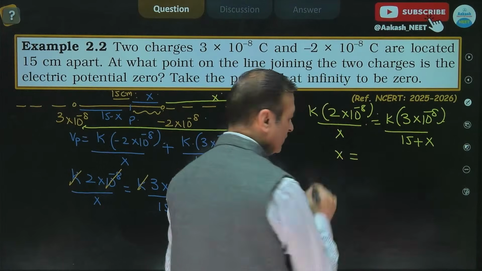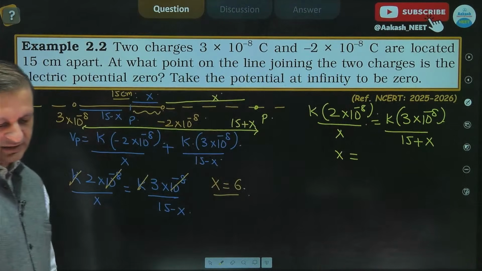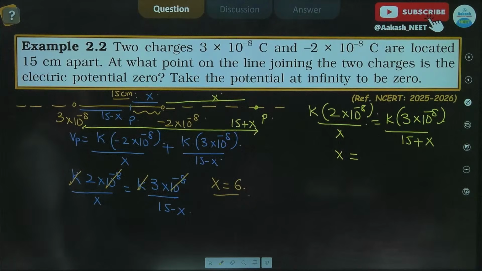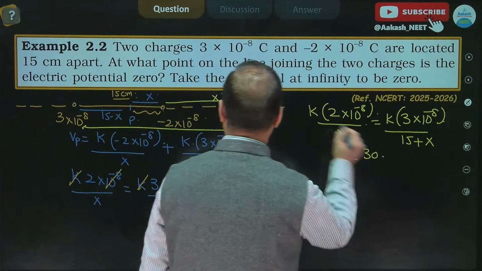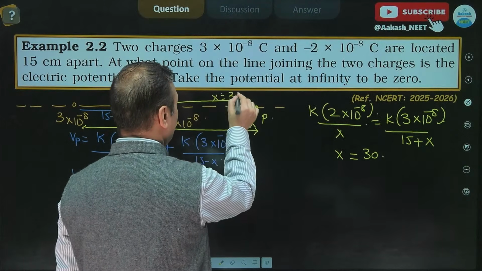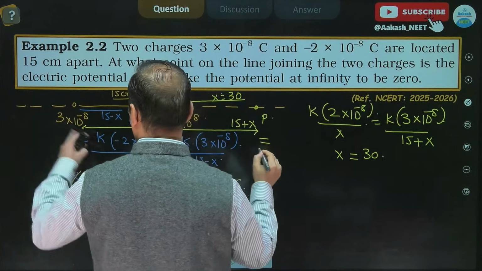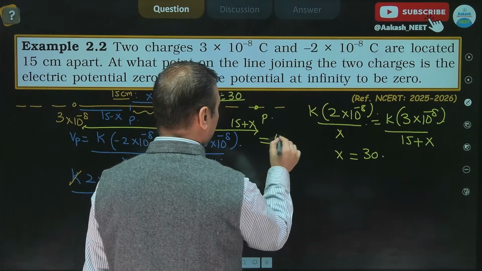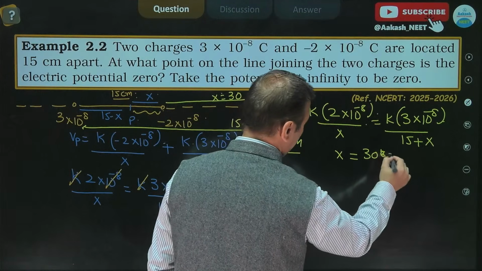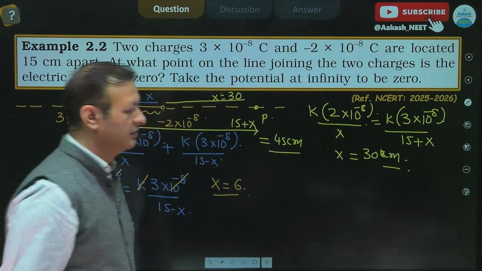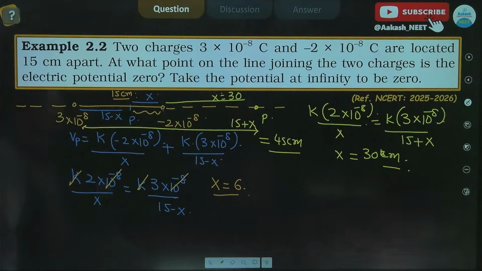That would give you another value of x. Got it? And this x comes out to be 30 from one charge, and it means from the 3 into 10 to the power minus 8 charge, that would be 45 centimeter. We'll keep the units intact in centimeters, so that will not make much of a difference.